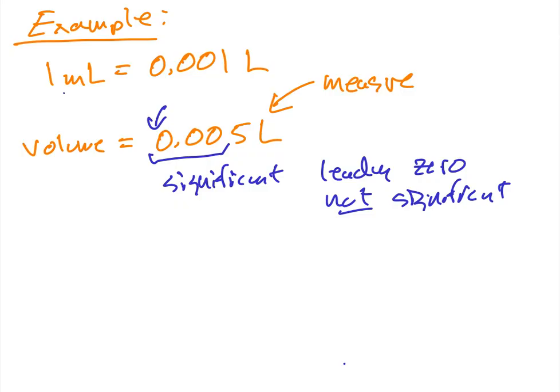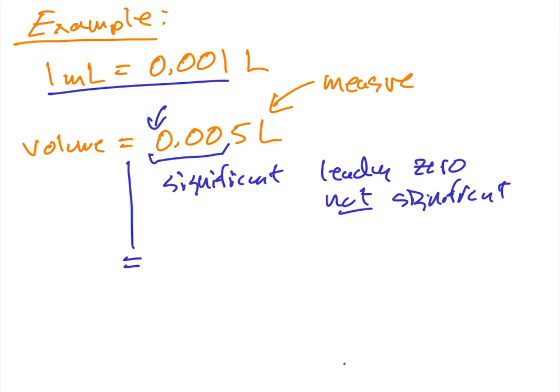So to see why, we're going to go ahead and use the unit conversion that we have right up top here. We are going to convert this value in liters into the corresponding volume in milliliters.